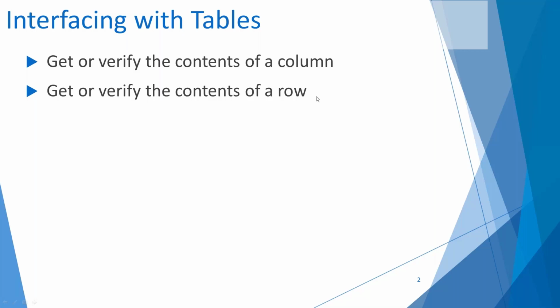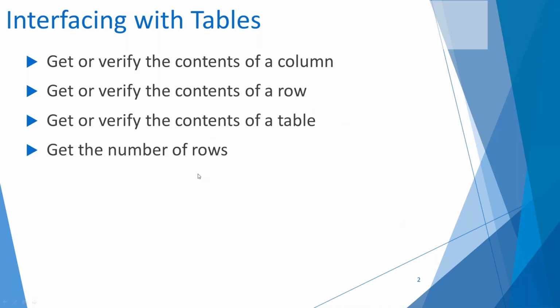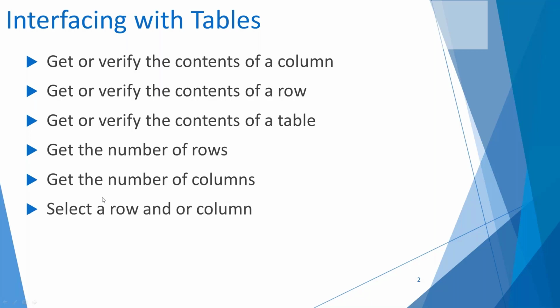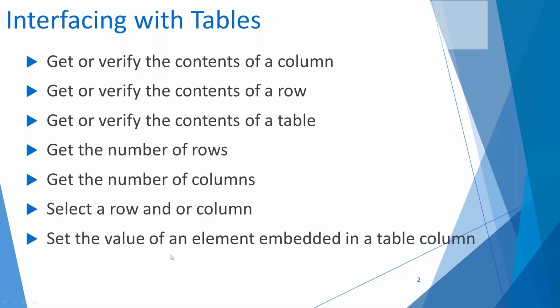We did the same thing with the row, getting and verifying the contents of a row, getting and verifying the contents of an entire table, getting the number of rows, getting the number of columns. We talked about how to select a row or a column, and then setting the value of an element embedded in a column, and then finally iterating through the table rows.